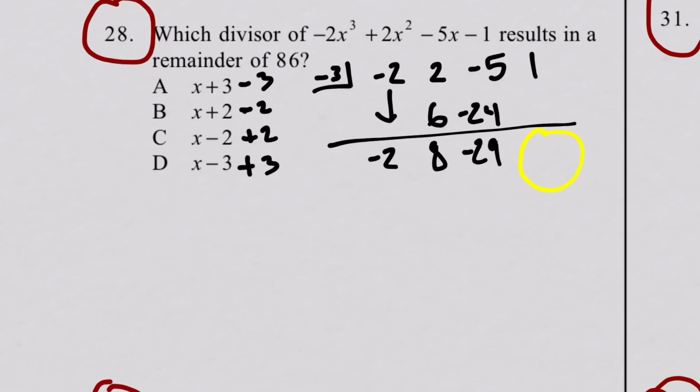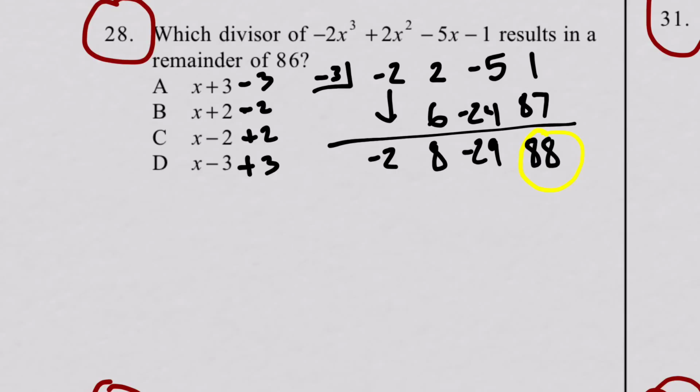Repeat: multiply negative 3 times negative 29, which gives you positive 86. Oops, no, that's wrong. 87. Let's undo that. 3 times 9 is 27, 3 times 2 is 6, so 87. Then you combine the positive 87 and the positive 1, and that gives you 88.